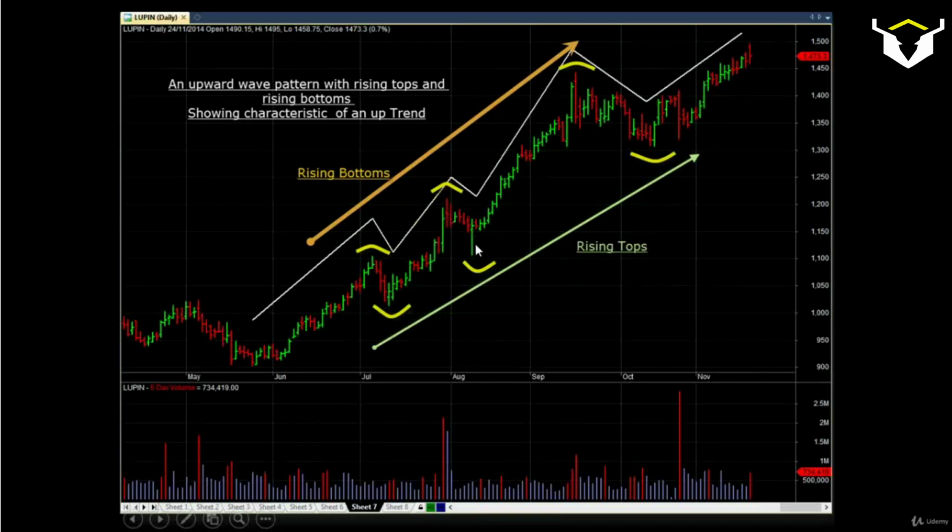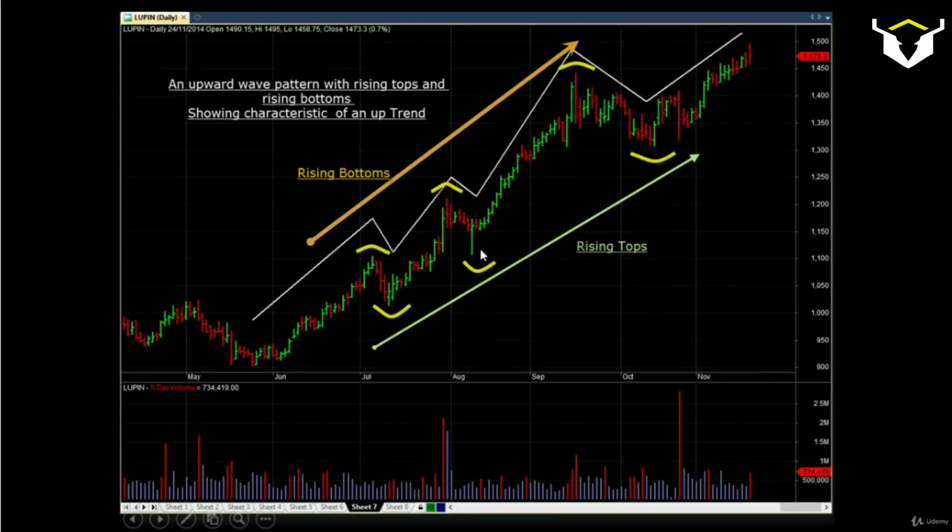Similarly, went up, came down, and then took out its previous top, thus giving us a new top and new bottom. It continued to go, made a new high, came down, and then went ahead to take out its own top to reach 1500, thus giving us a new top and new bottom.